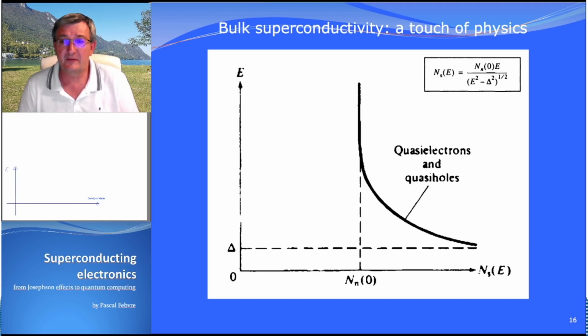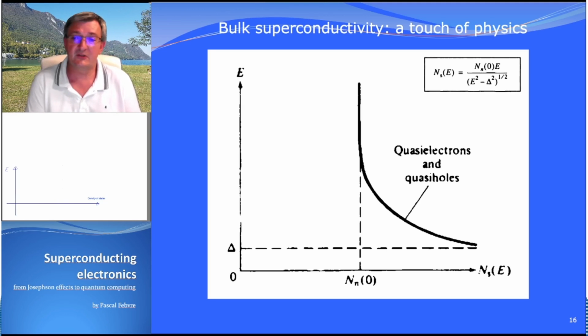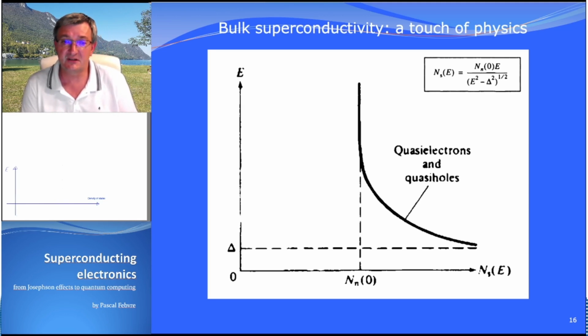On the BCS theory, you can show that when you check the different energies available in the material, with respect to the current density, you have a curve which looks like the one on the screen.